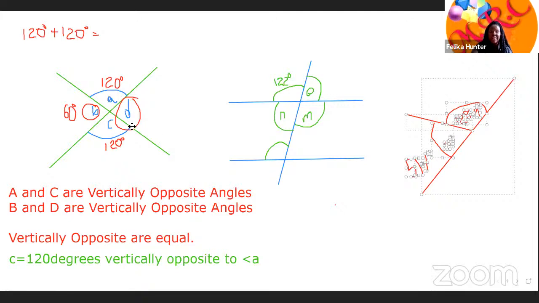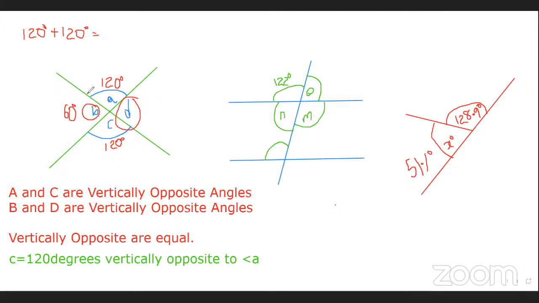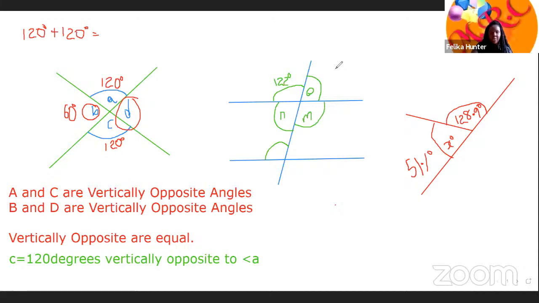When you come to this part too, the 120 and D, what's the value of D? What can we use to find the value of D? We can use vertically opposite angles, but outside of using vertically opposite angles, because I want you to have more than one way of finding your angles, what else can I use?